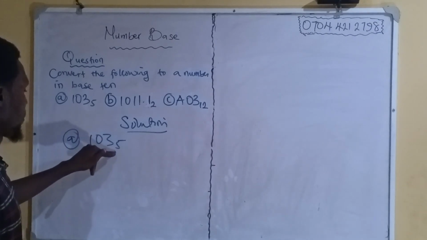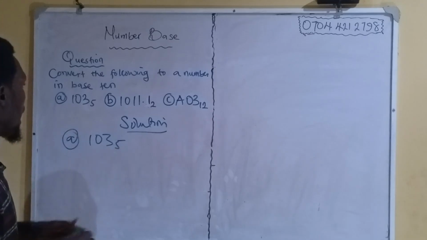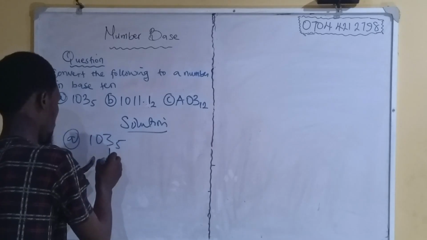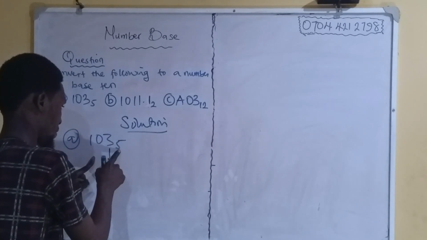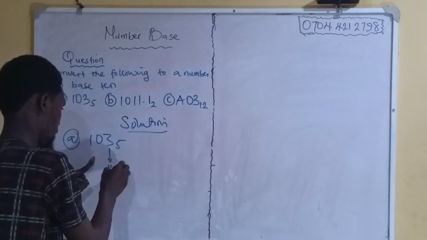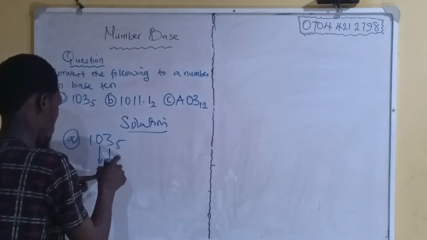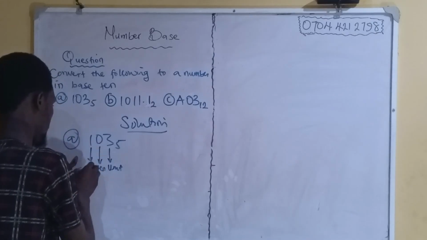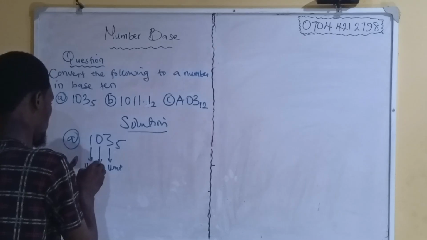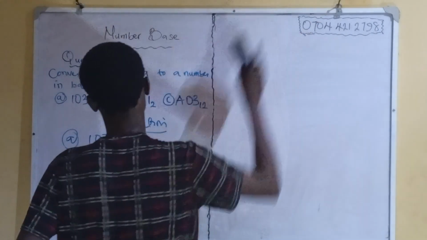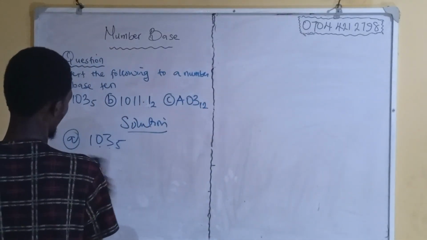The base here is 5, and this is the unit. This is a 10 of this. This is like the 100, right? The 100 unit.